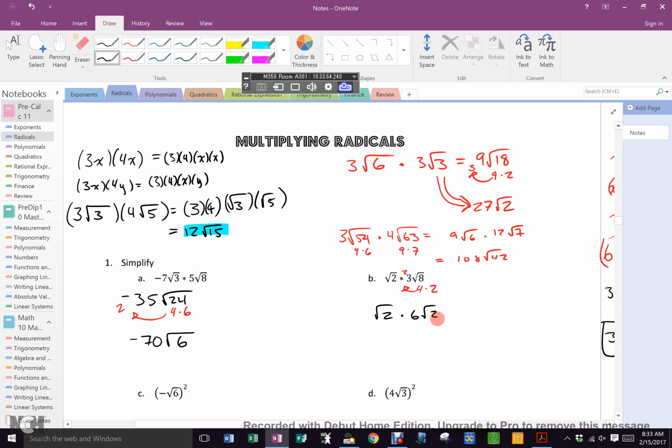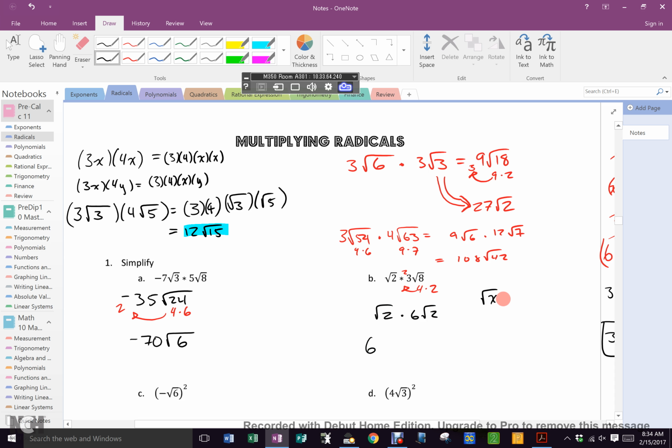Yes? Everyone agree? Okay. So my coefficients go with coefficients. What's the coefficient here where I don't have a coefficient? 1. So 1 times 6 is 6. And root 2 times root 2, what is that? 2. Does everybody remember that from grade 10? If you square a radical, you get the radicand, if it's a square root, right?